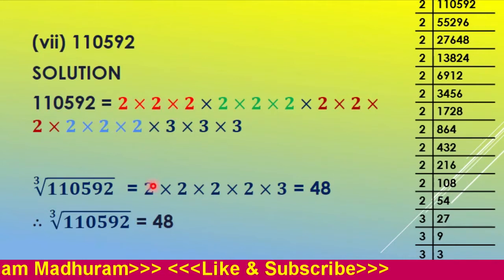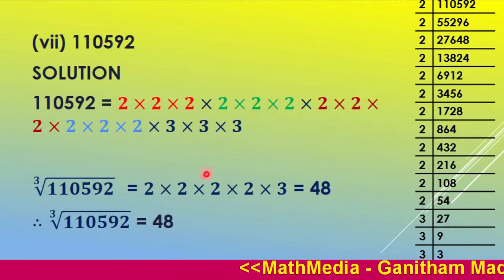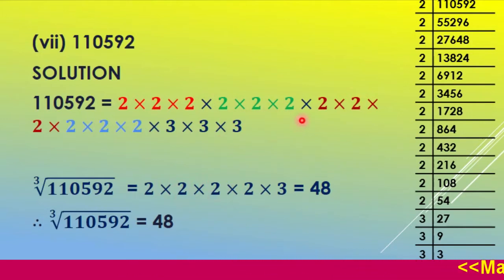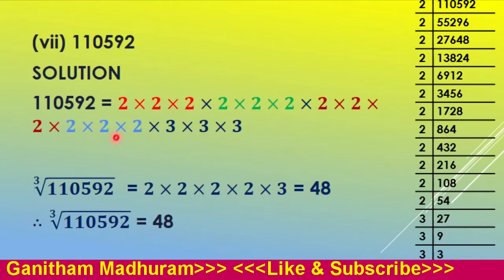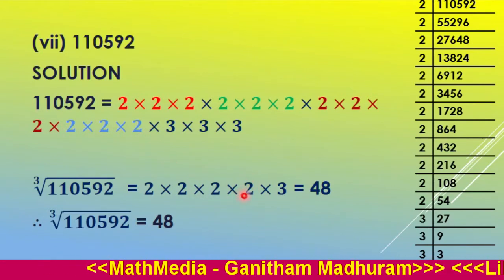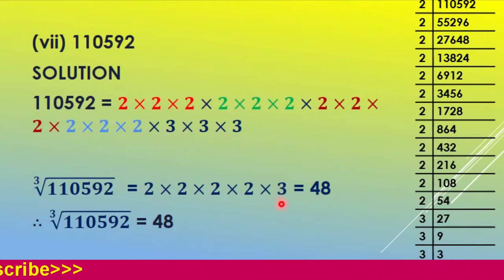Here from the first group I am getting 2, and from the second group also I am getting one more 2, and from the third group I am getting 2 again, and from the fourth group also I am getting one more 2, and from the last group I am getting 3.